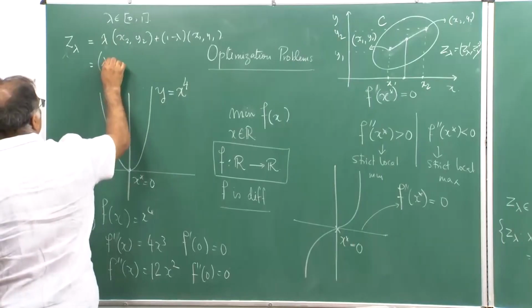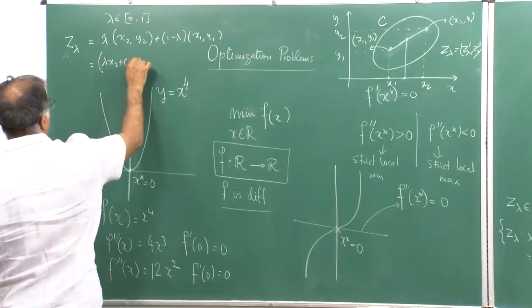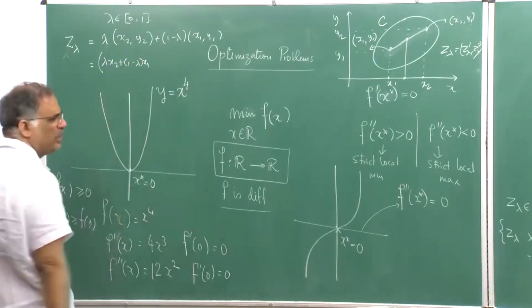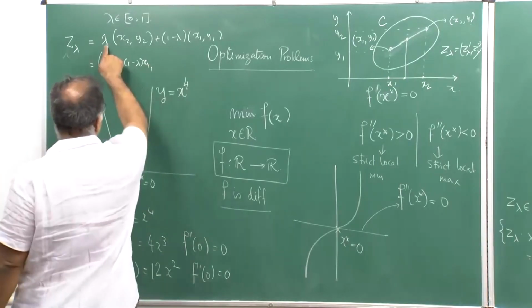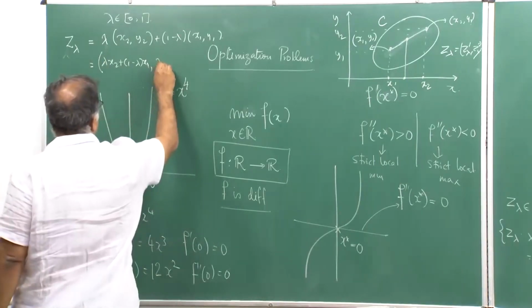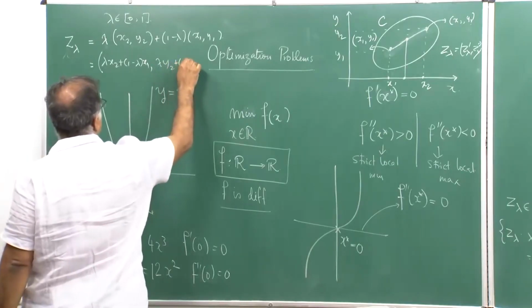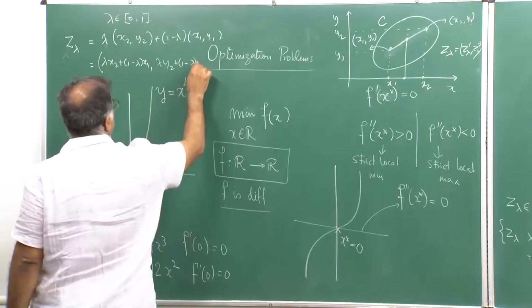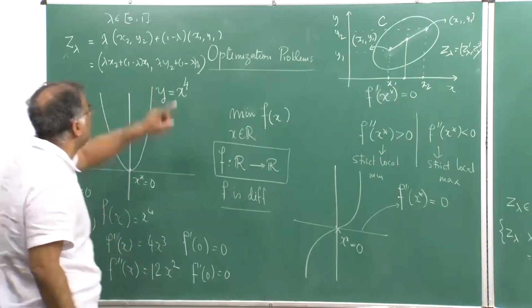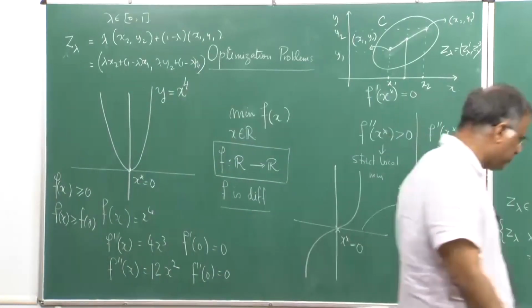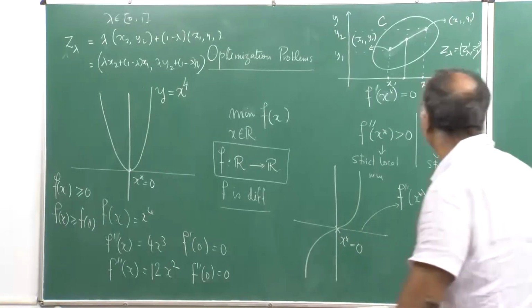So it will become lambda x2 plus 1 minus lambda x1 as the new coordinate of the vector. This is nothing but scalar multiplication of the vector, and lambda y2 plus 1 minus lambda y1. So these are the coordinates of the point z lambda, where lambda is between 0 and 1.